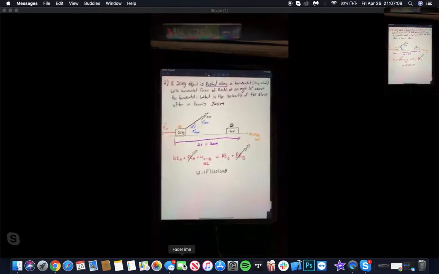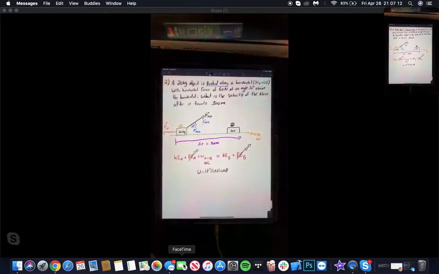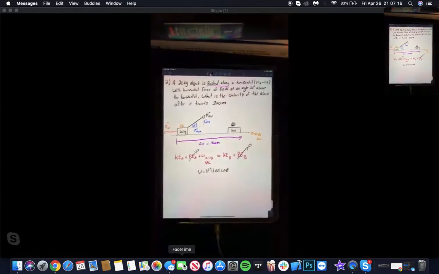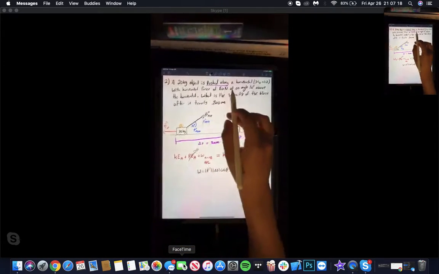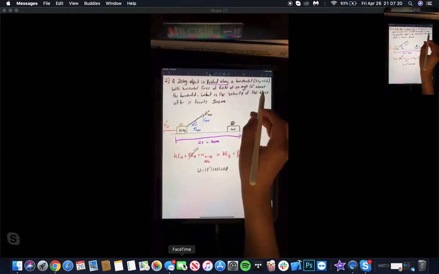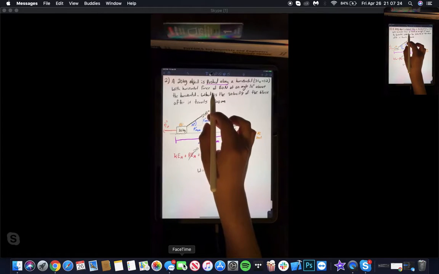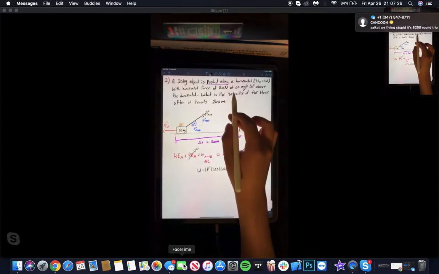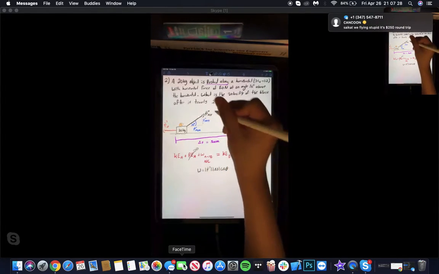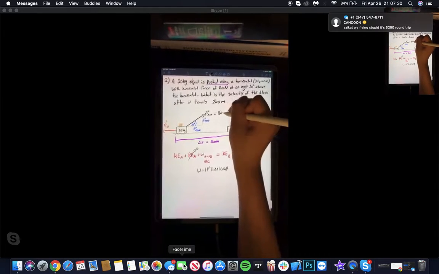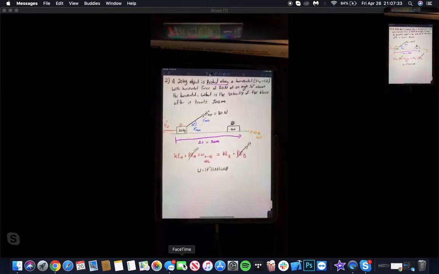All right, I'm back. Okay, where the 20 kilogram object is pushed along a horizontal surface with a force of 80 newtons at an angle of 30 degrees above horizontal.